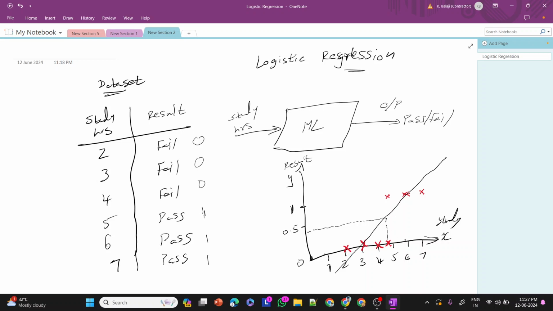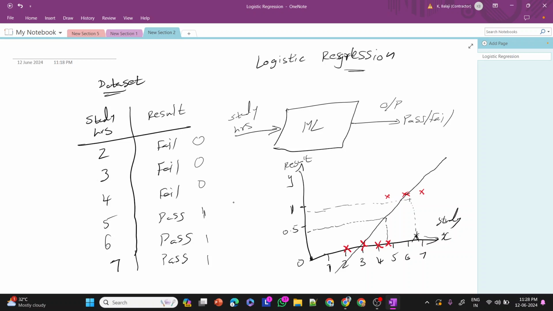And whenever we find a student who studies for more than 6 hours, the linear regression output will be greater than 0.5.